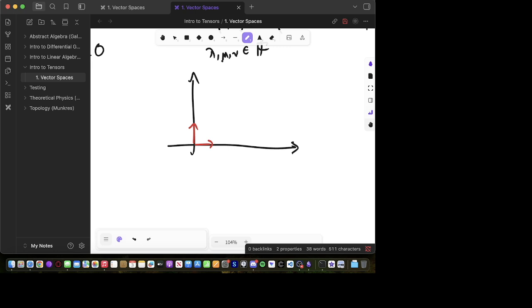And the answer is no. The only answer is that the coefficients have to be 0. So let's call this V and let's call this W. We must have that if aV plus bW equals 0, then a equals b equals 0.